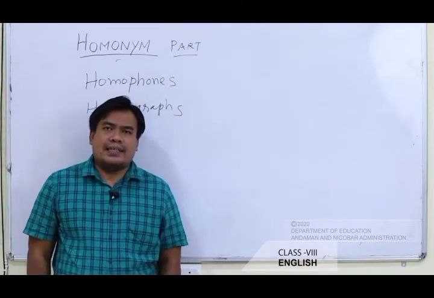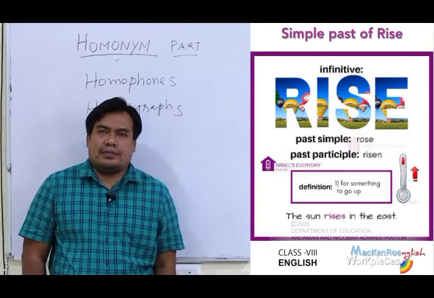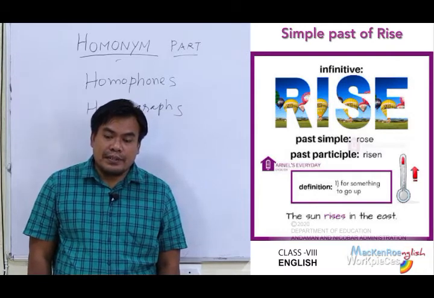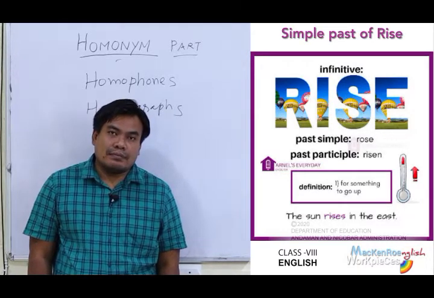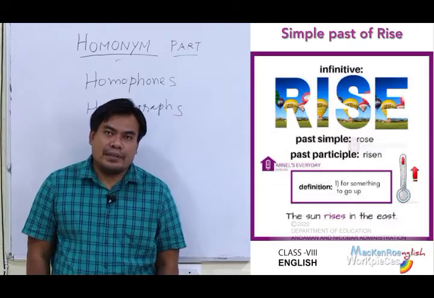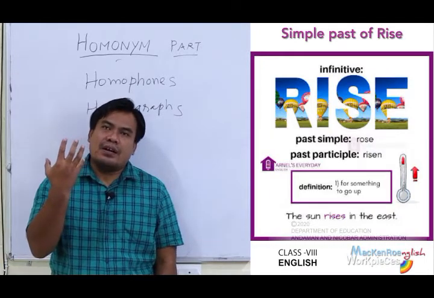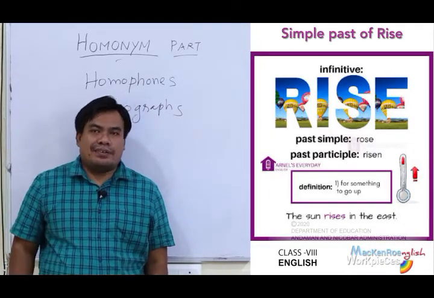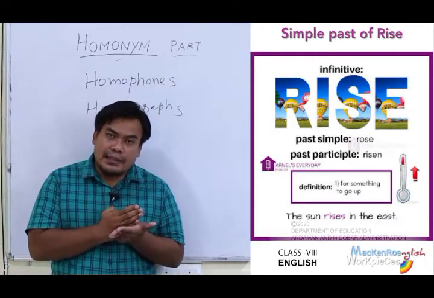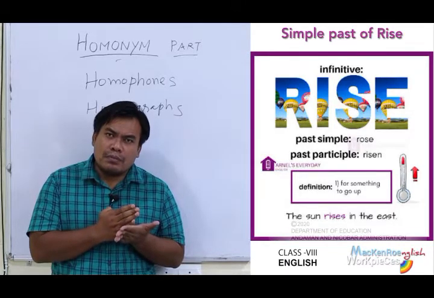Yeah, it's there on the screen. I know it. R-I-S-E, rise. What is it? What is the meaning of rise? To get up, to stand on your feet, or to come from beneath. I'm rising again. You must have heard those quotations and all. Okay, rise is the first form, rose the second form.